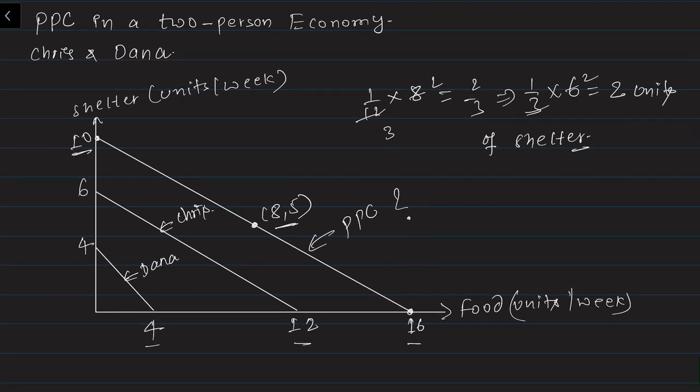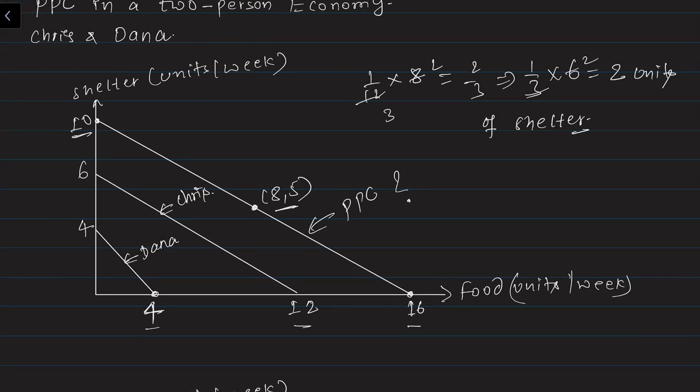And if Dana works full time on shelter, then she can produce 4 units of shelter. So if they work together, they can produce 8 units of food and 4 plus 2 units of shelter.